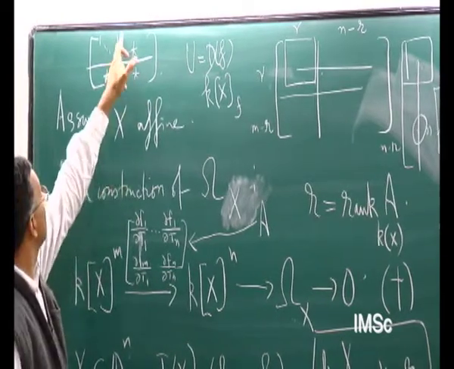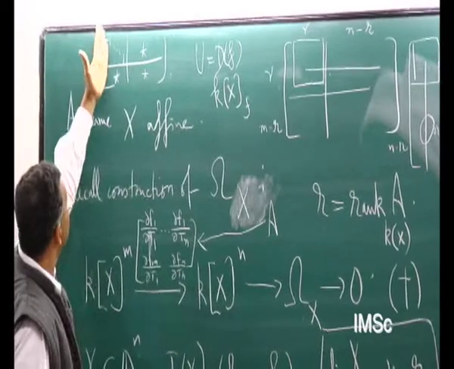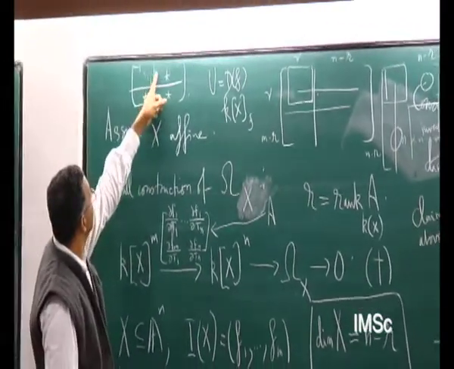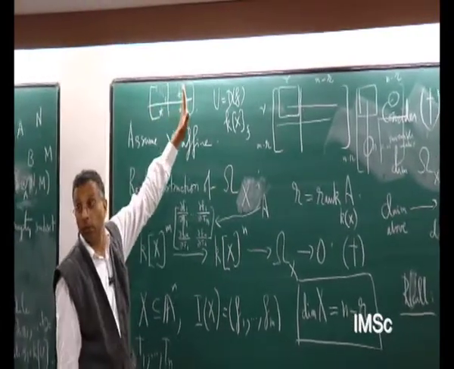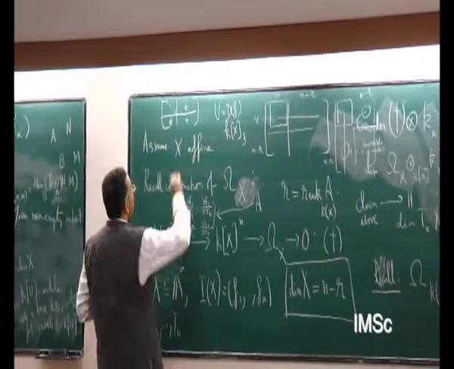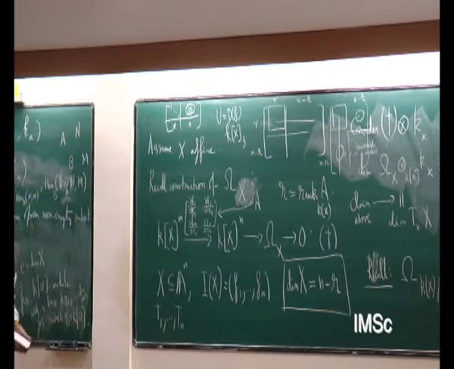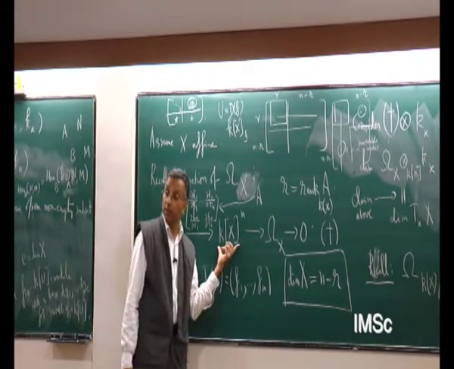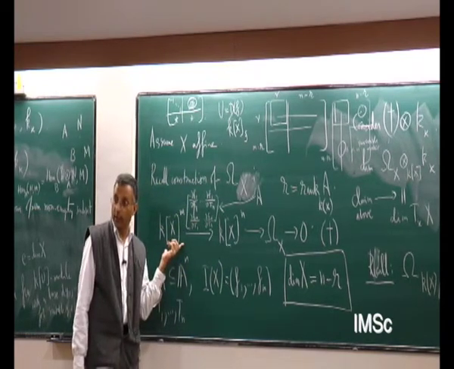I can kill off the first row by multiplying by a suitable multiple, and the second by a suitable multiple here. Of course, this will change, but I don't care. So I can assume that this is 0. I want to emphasize that I'm only changing basis elements here, and have not done anything to basis elements here.